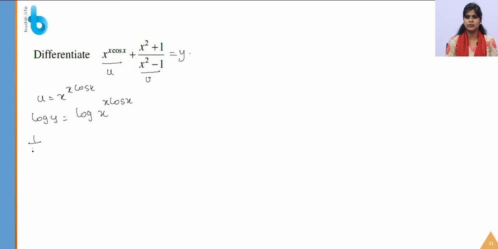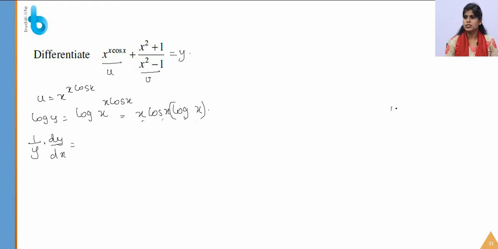1 by y dy by dx equals, before differentiating we will just take it in front, log x. Now differentiate. See, we have three functions: a polynomial, a cos function and a log function.